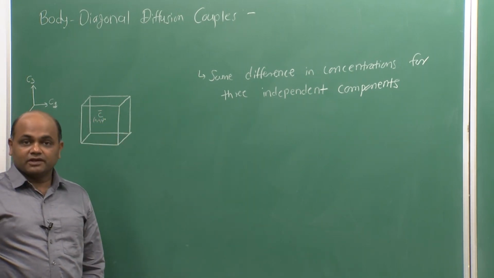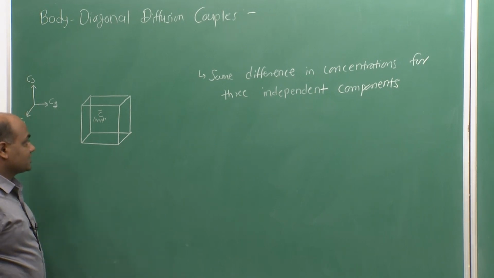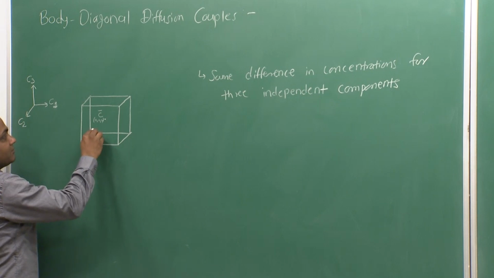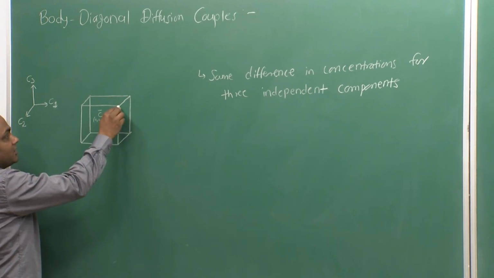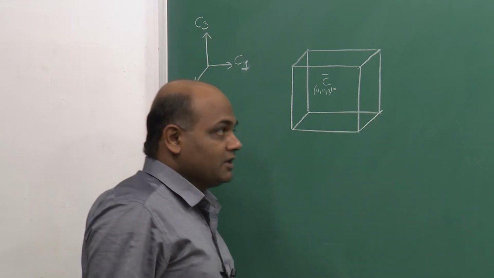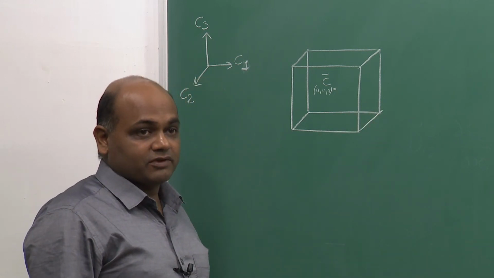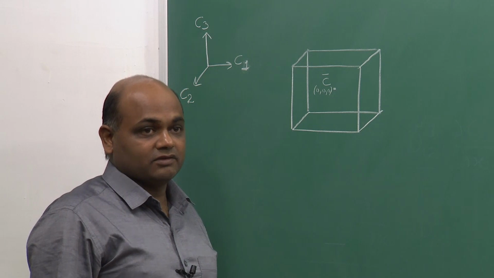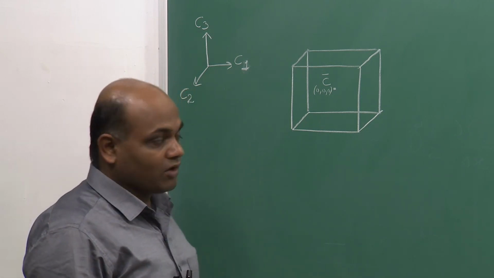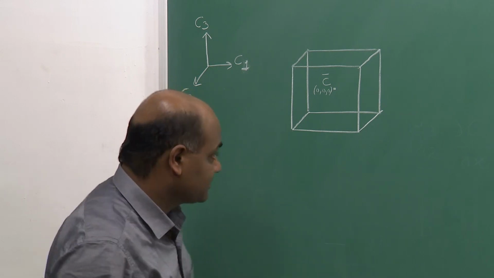So, if we determine the difference between the concentrations of any two alloys selected from the two ends of the body diagonal, the 3 components will have the same difference of the concentrations. The 4th one of course may be different, because it will make up for the total to be 100%.